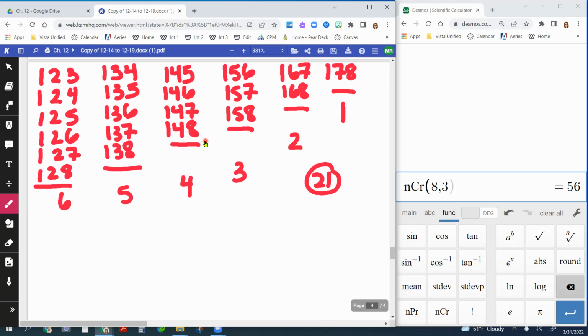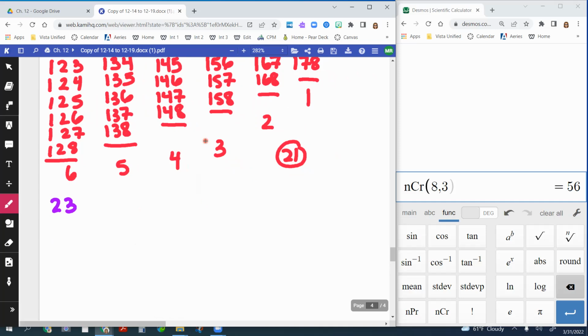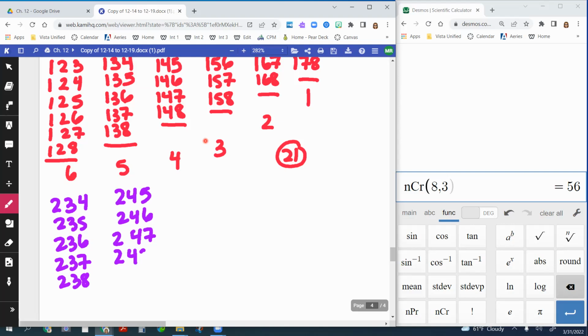Okay, let's say I start now with 2. I'm not going to do 2, 1 because my 2, 1 is already done in the first column in the red. So I'm going to do 2, 3, 4, 2, 3, 5, 2, 3, 6, 2, 3, 7, 2, 3, 8, 2, 4, 5, 2, 4, 6, 2, 4, 7, 2, 4, 8, 2, 5, 6, 2, 5, 7, 2, 5, 8, 2, 6, 7, 2, 6, 8, 2, 7, 8.